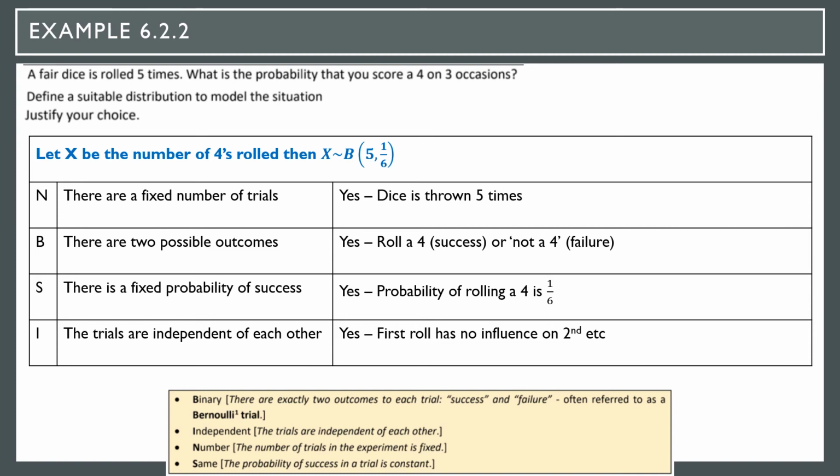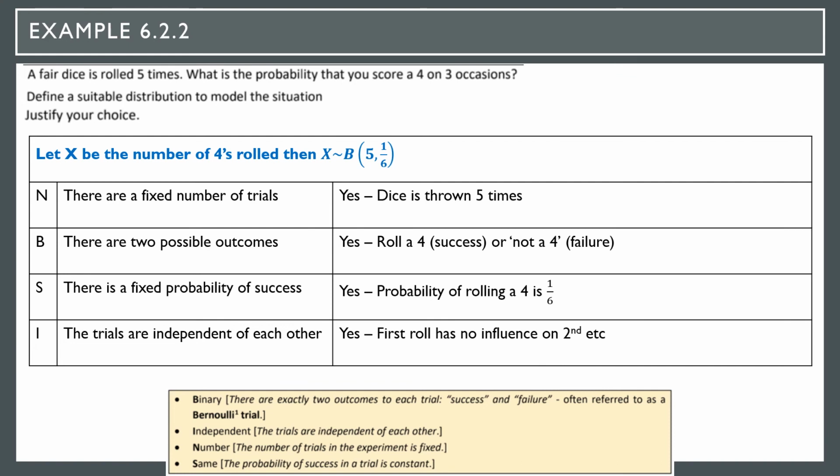So for example, if we were looking at whether the trials are independent of each other and we had an experiment where we had a bag of counters that contains, say, 5 red counters and 3 blue counters, and we were looking at the probability of scoring 3 red counters, and every time we took a counter out of the bag we didn't replace it, the probability in that case would change each time, so there wouldn't be a fixed probability of success.